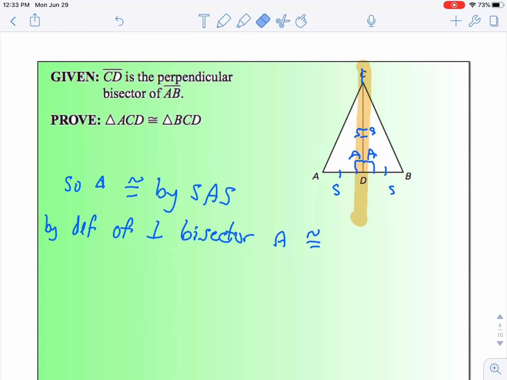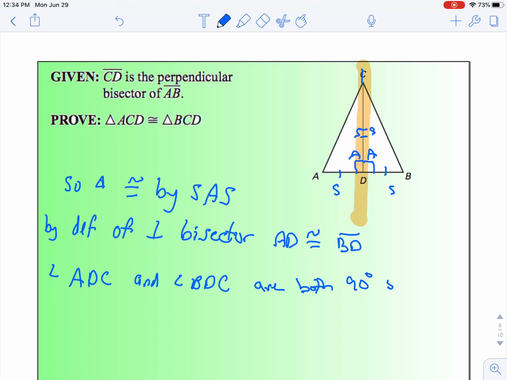I put a B there instead of a D. And we have angle ADC and angle BDC are both 90 degrees, so congruent by definition of perpendicular bisector as well.